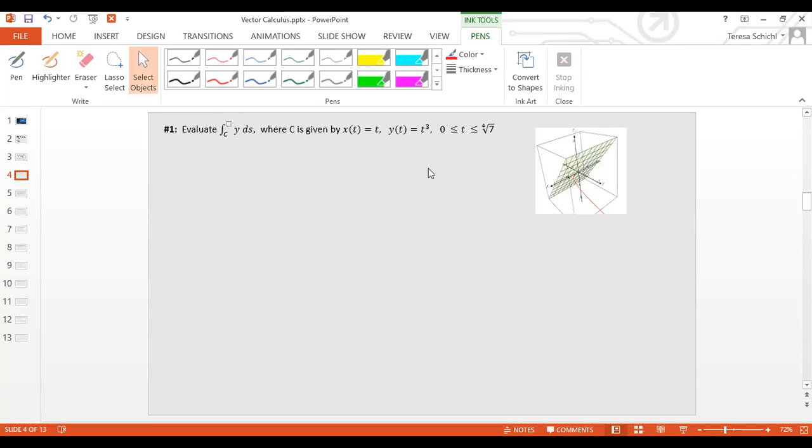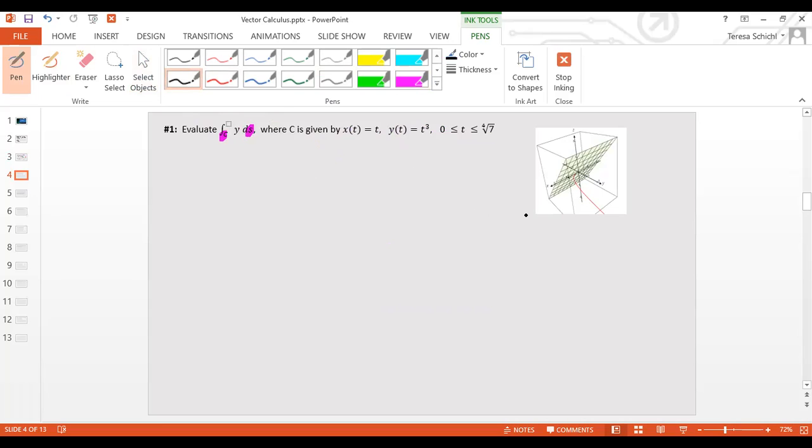Okay, so let's take a look at this. How do I do this one? They said evaluate the integral of y ds along C here, right? So this is a ds, and I'm along these curves here. Let's say C is given by x(t) = t, y(t) = t squared, z(t) = t cubed, with t from 0 to the fourth root of 7.